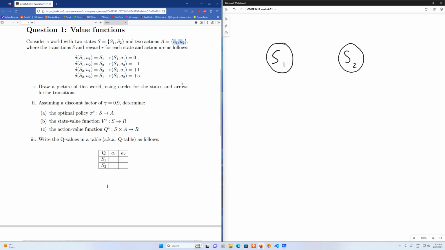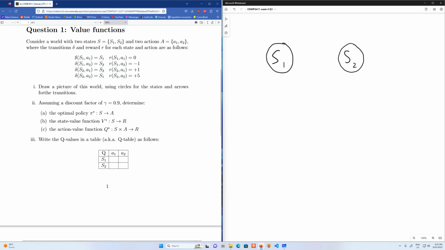Now, we've also got two actions that we can take in both of these states. If we look down here, we can see what happens in terms of the transitions and the rewards for taking a certain action. So we focus our attention here first on the transition function. This is going to tell us where to put our first arrow on our picture.